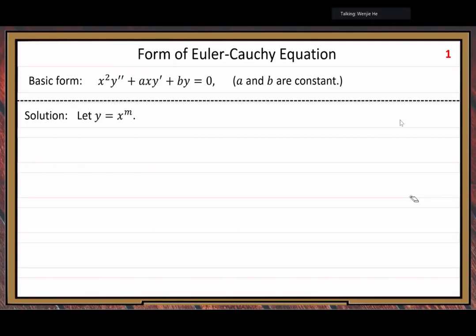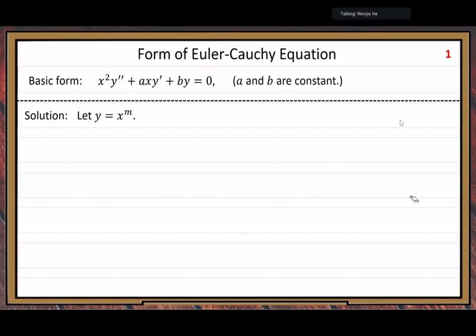Now let's look at the solution. Here you can see the x squared monomial coefficient, also monomial. We choose the structure of our solution y in this special form. This form may not be a monomial; we call it a power function.